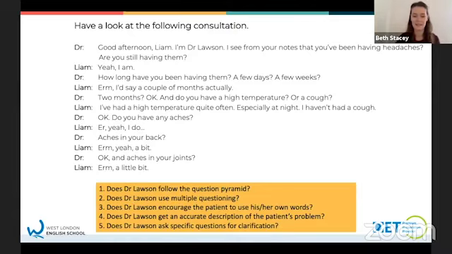And does the doctor ask specific questions for clarification? Well, they do ask specific questions, but this isn't for clarifying. If you look at the bottom, do you have any aches? It says, yeah, I do. And the doctor interrupts, aches in your back and aches in your joints. So it's not really clarifying, but it is specific questions. So don't be like this doctor.